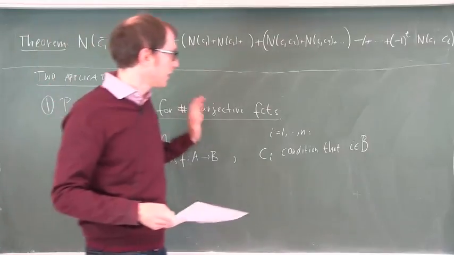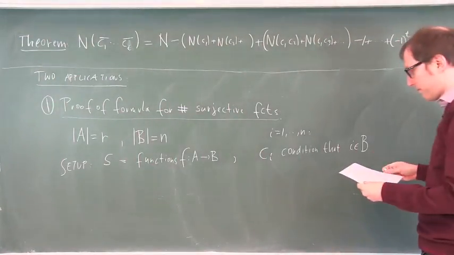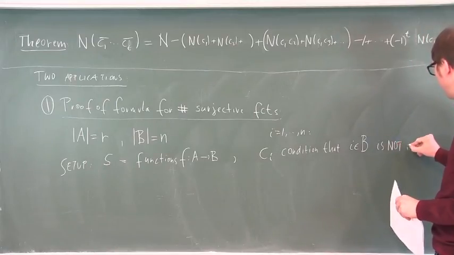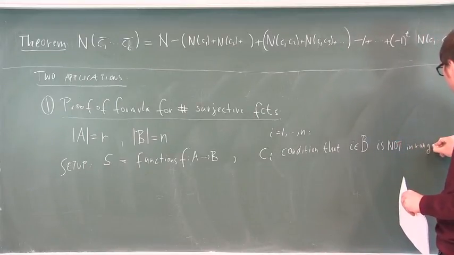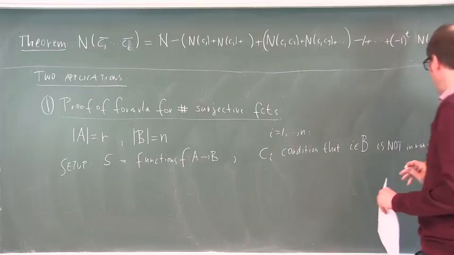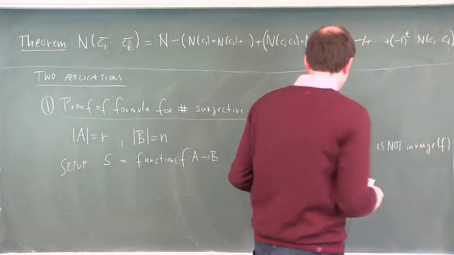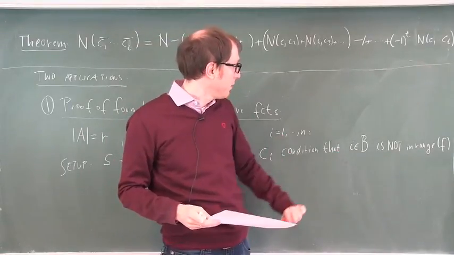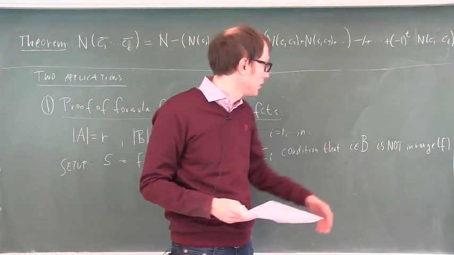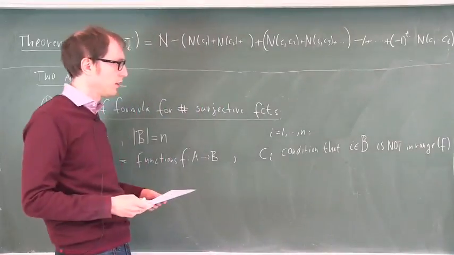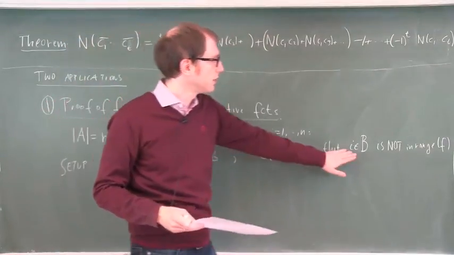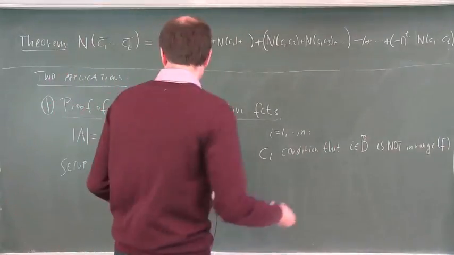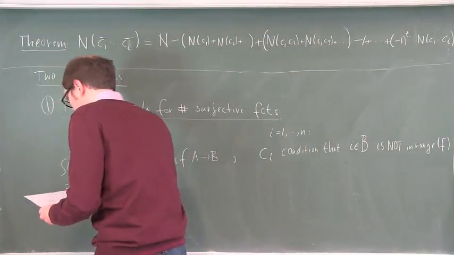So that means we want the ith element not to be in the range. And so it reads now as follows: Ci is a condition for the function f that the ith element in B is not in the range of f. Okay, so you should treat this as the ith element in B. And now, well, this looks good.